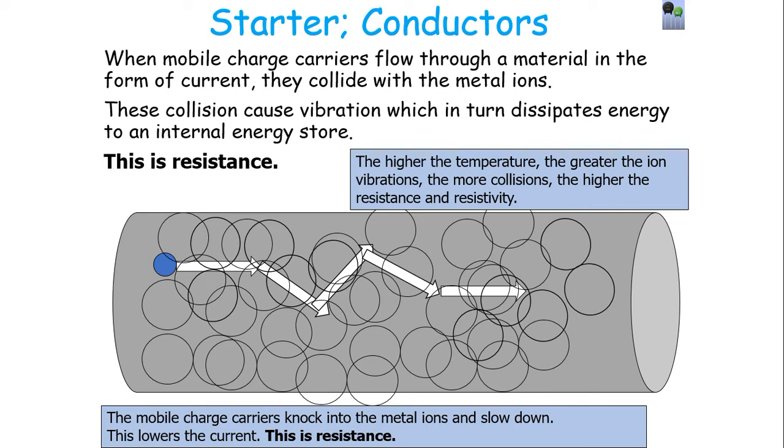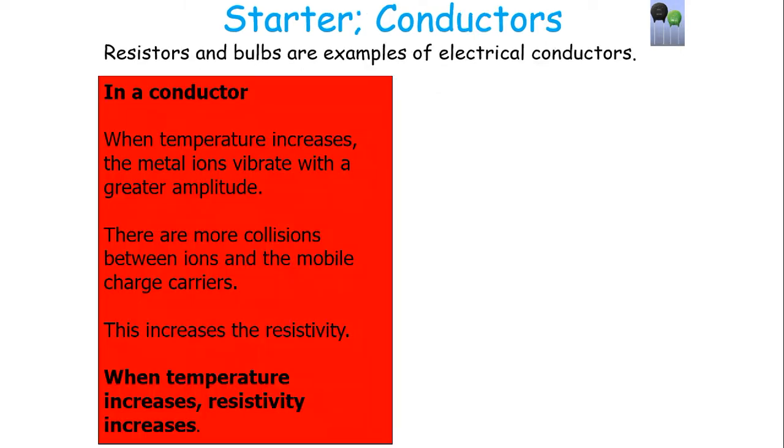So for a conductor, the higher the temperature, the greater the ion vibration, the more collisions between ions and charge carriers, the higher the resistance and the higher the resistivity. Conversely, the lower the temperature, the smaller the ion vibrations, the fewer collisions with the mobile charge carriers, so the lower the resistivity, because less energy is dissipated to the internal energy store that surrounds us.